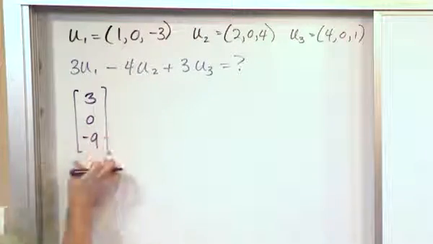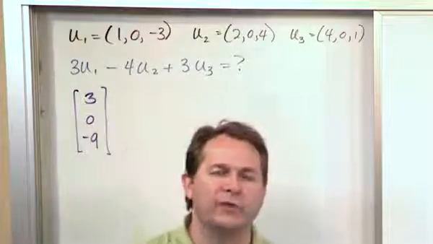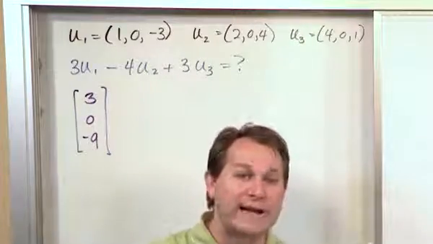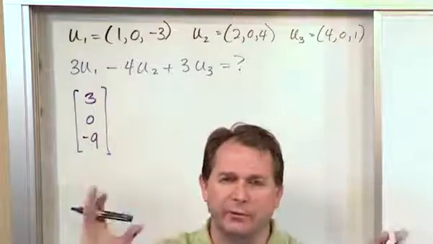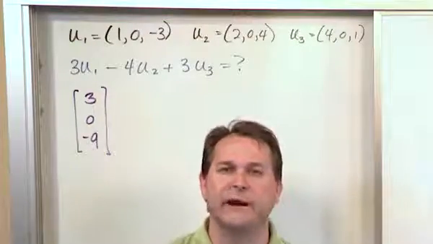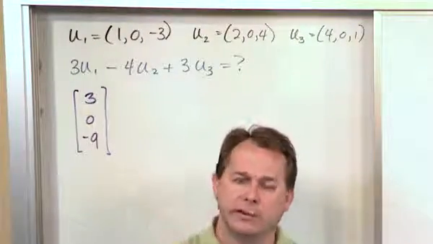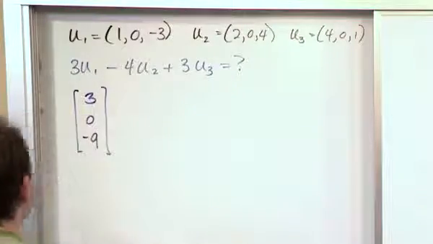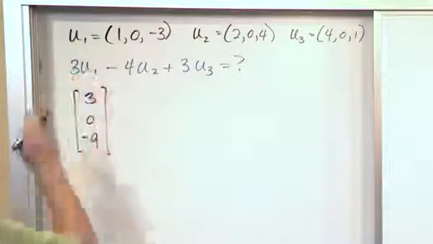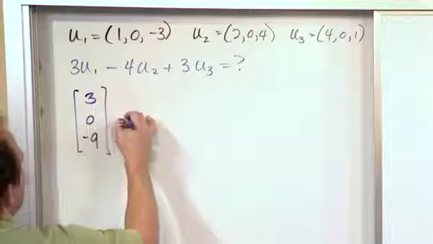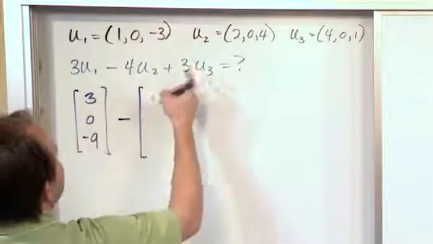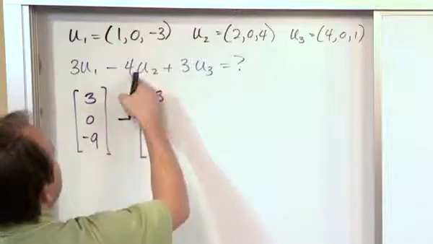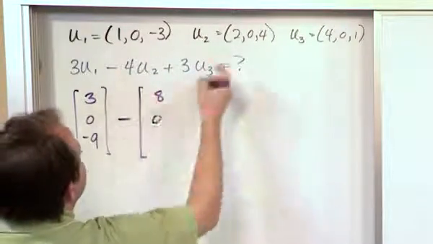Notice I'm writing it as a column, because typically the default way to write an n-tuple in linear algebra is as a column of numbers, although in problems you sometimes see it with commas and parentheses. So we've written it as a column and multiplied by 3. Now from that we'll subtract 4 times u2: 4 times 2 is 8, 4 times 0 is 0, 4 times 4 is 16.